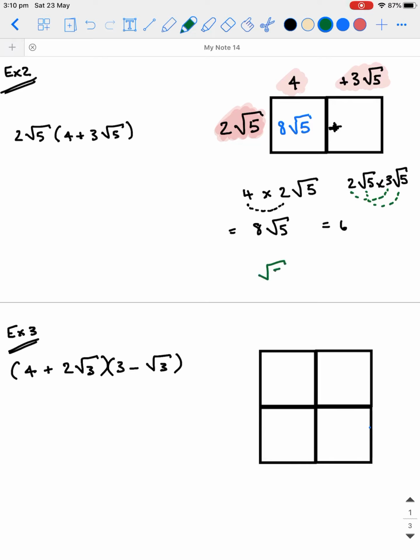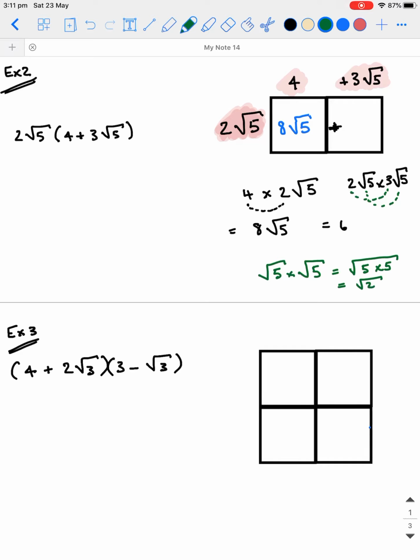Now, what you should have learned previously is that if you take a root and you multiply it by itself, then what you effectively end up with is a number on its own without the root sign. So if I take the root of 5 and I multiply it by the root of 5, that's like saying the root of 5 times 5.